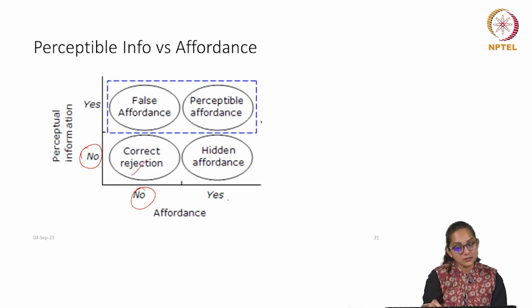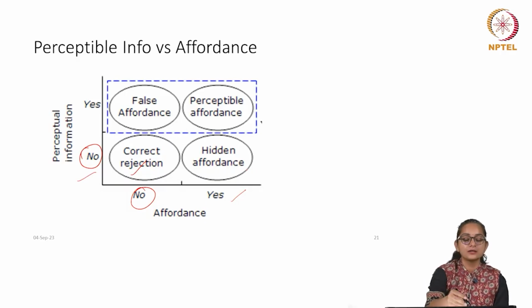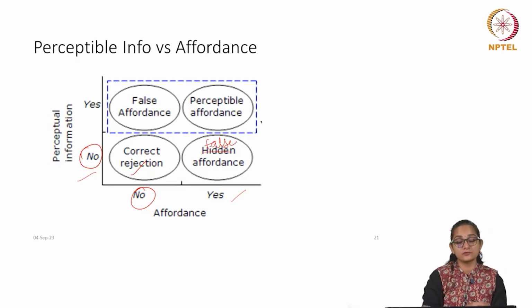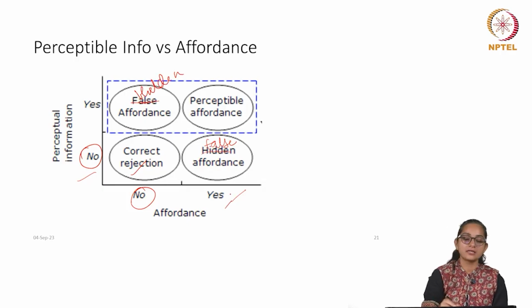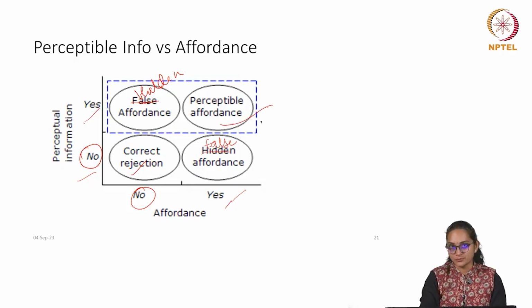If there is an affordance, but there is no perceptual information, then it is a false affordance. If there is no affordance and there is perceptual information, then it is a hidden affordance. And if there is an affordance and there is perceptual information, then it is a perceptible affordance.